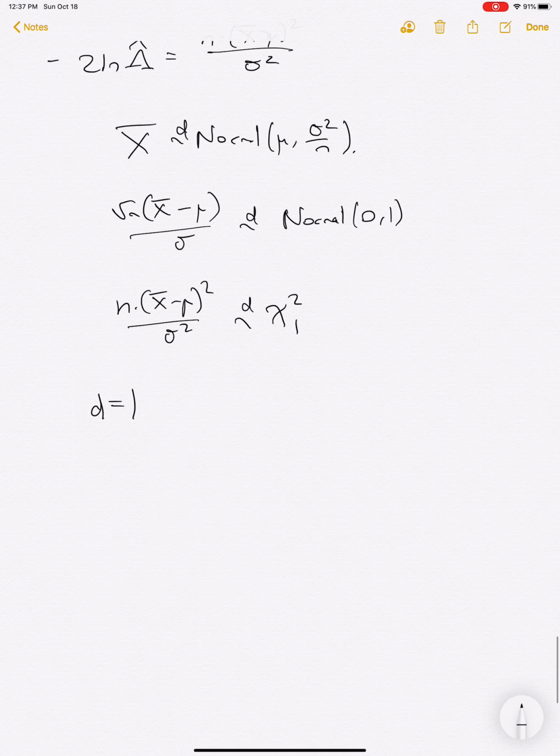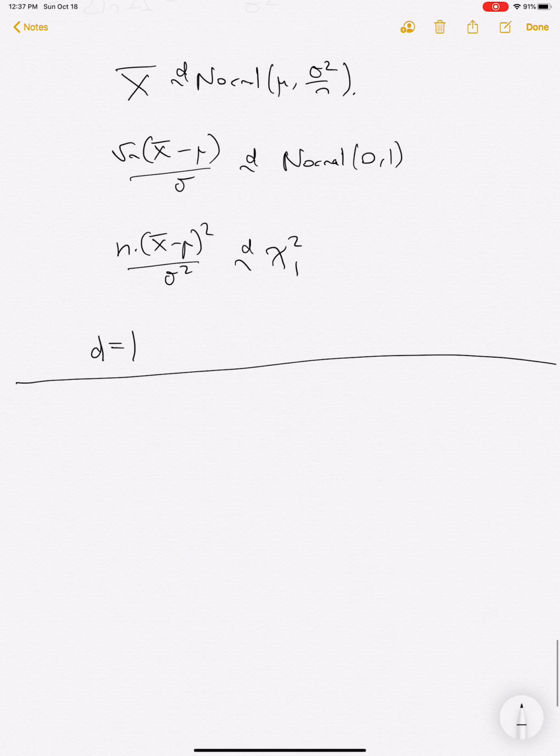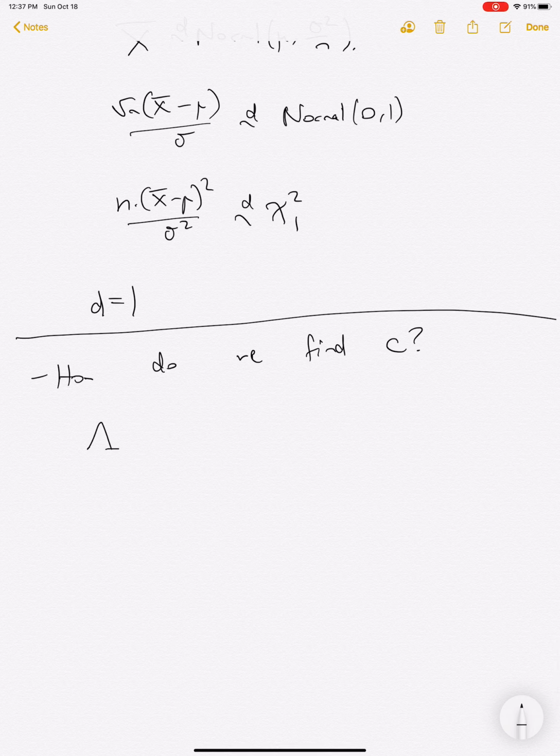So again, relating this to how do we find c? How do we find c? Remember that we said that if gamma hat is less than or equal to c, that's the acceptance region. And if gamma hat is bigger than c, that's the rejection region.